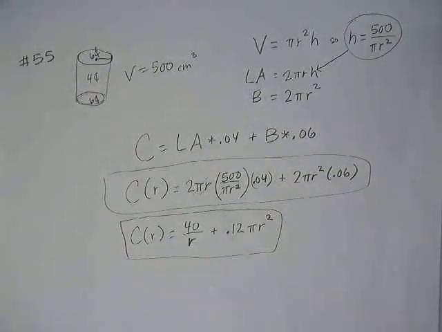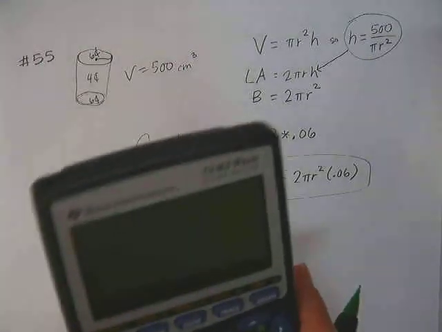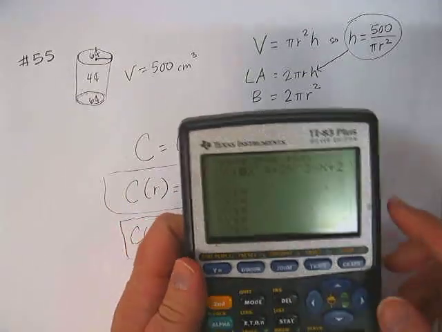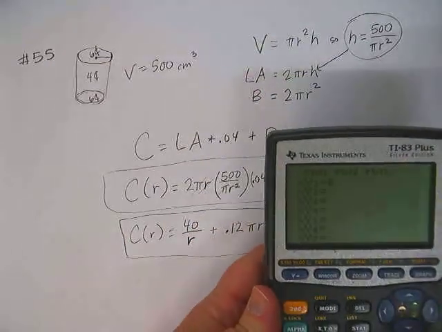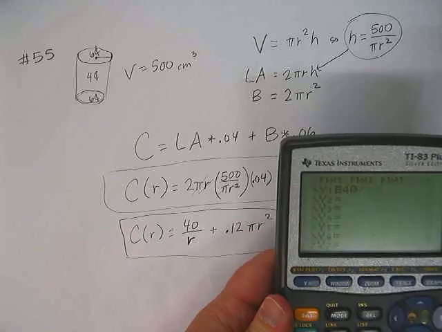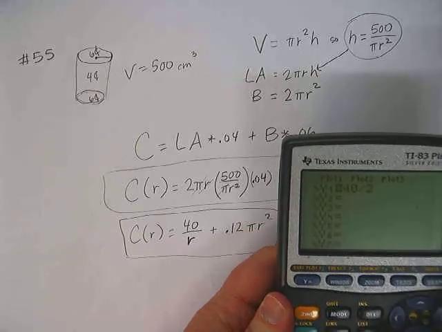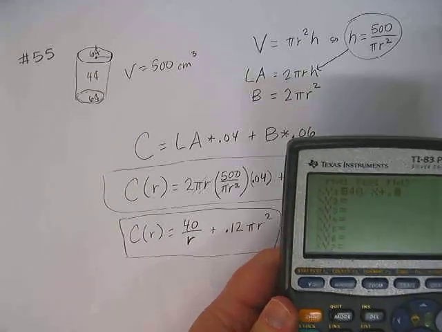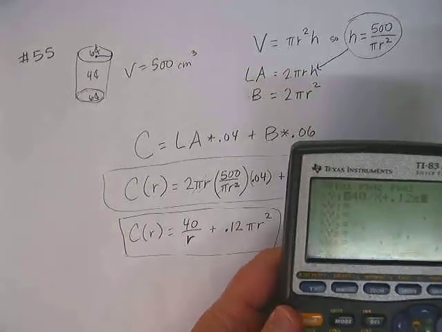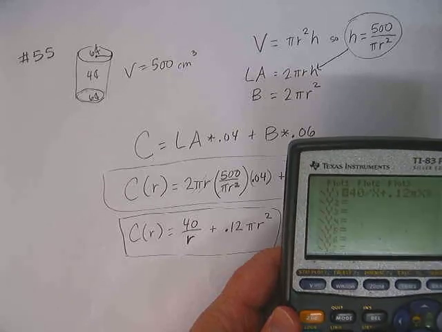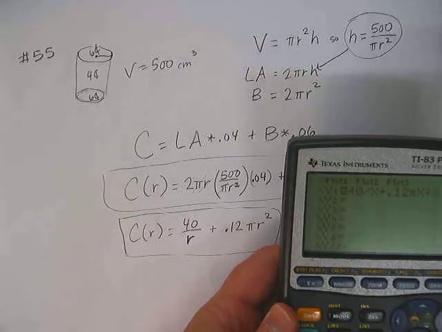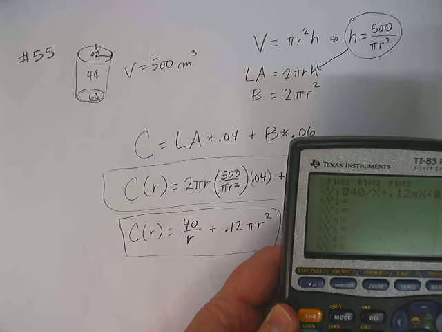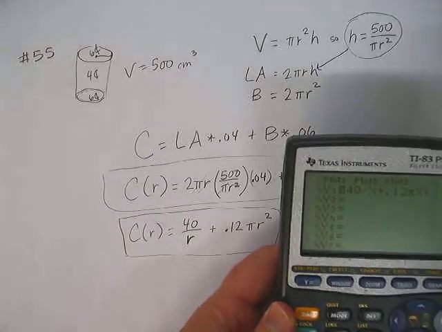Okay, and then the next step says to graph it. So I enter 40 divided by r, which I'm just using x, plus 0.12 times pi times r squared, which I'm using x squared.